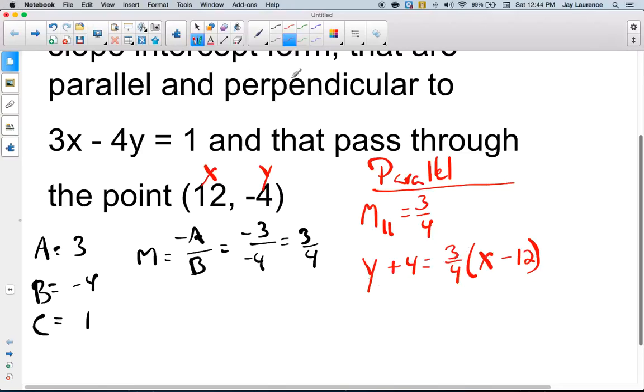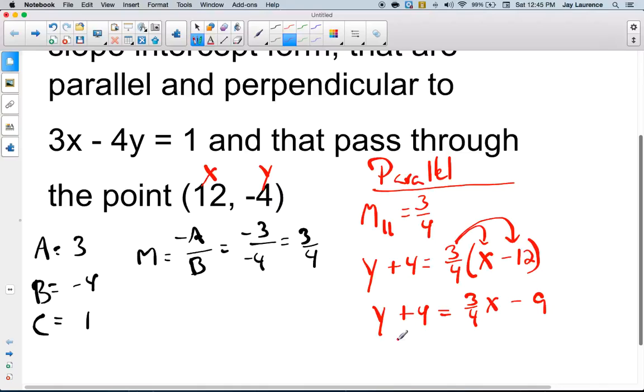All right, so now I'm going to simplify this to slope-intercept form. So I'll distribute first of all, right? And so I'm going to get y plus 4 equals 3/4 x minus, I think that's going to be 9, right? 4 goes into 12 3 times. 3 times 3 is 9.